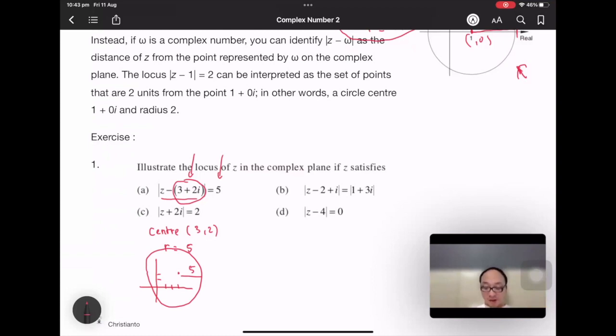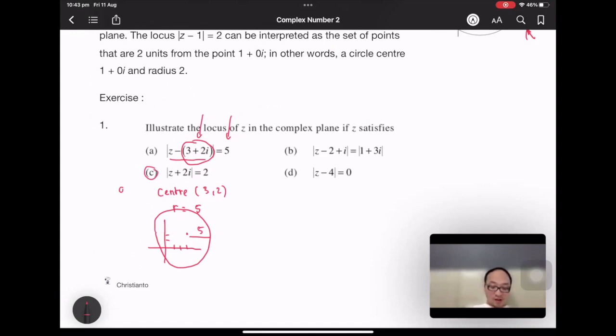That's for A. For C, modulus z plus 2i equals 2. So I can rewrite it as z minus negative 2i equals 2, or again, z minus 0 minus 2i equals 2. So the center will be 0, negative 2, and the radius will be 2.